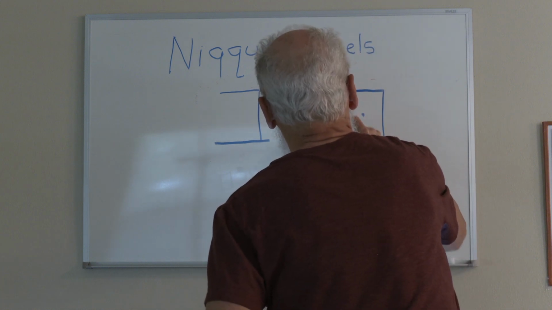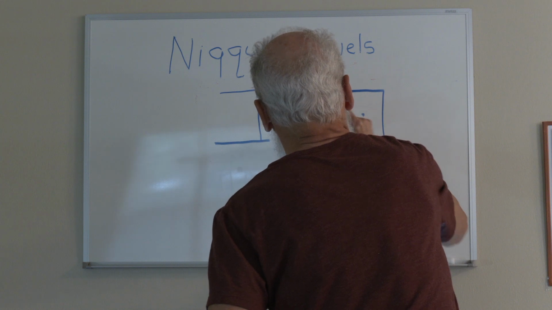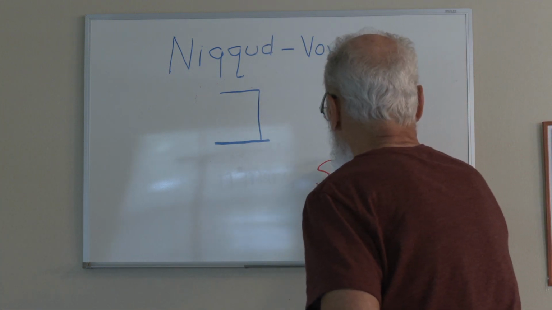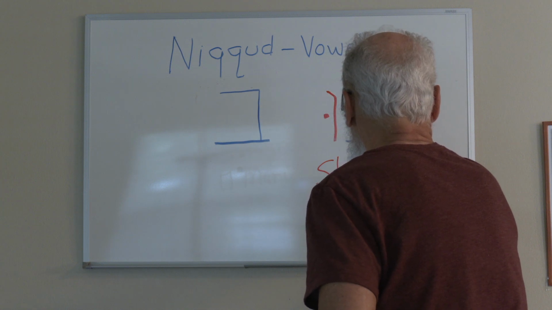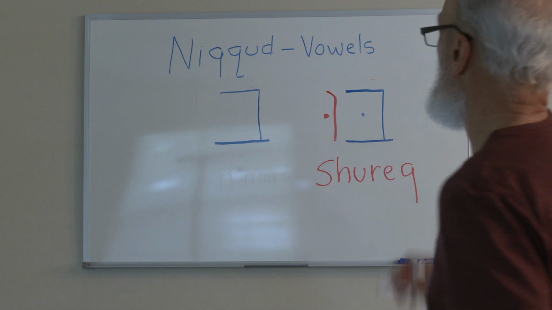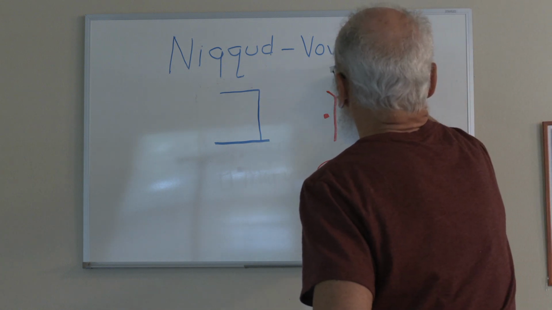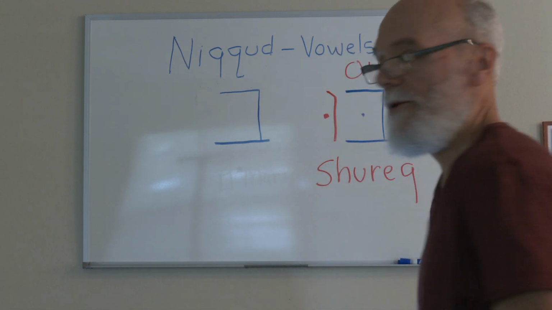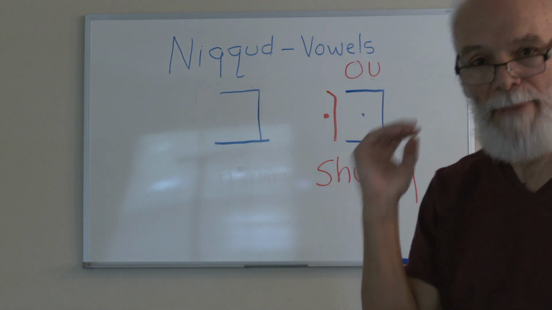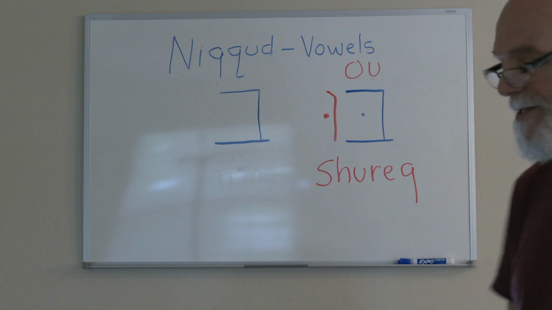It is a vav with a dot in the middle like that. And it's called a shurek. And it makes an oo sound. Okay? Again, bet with the dagesh, ba is the consonant sound.